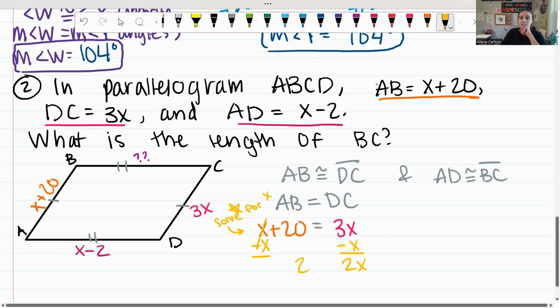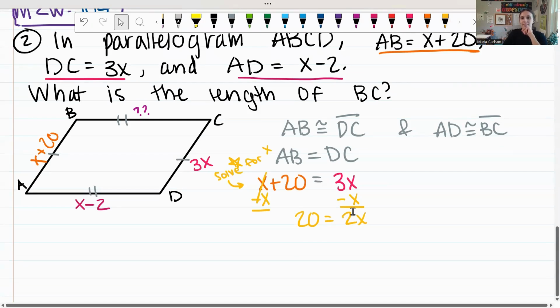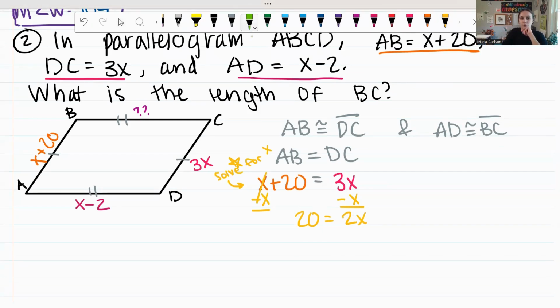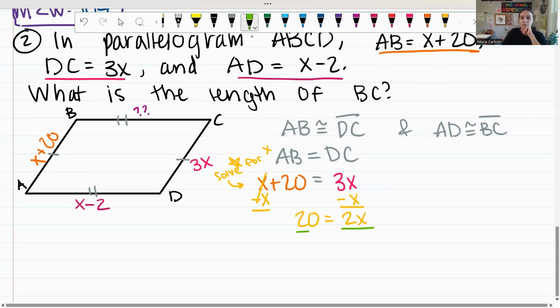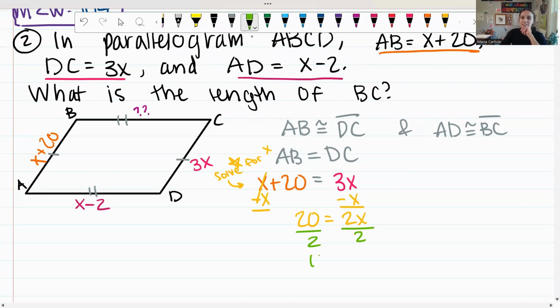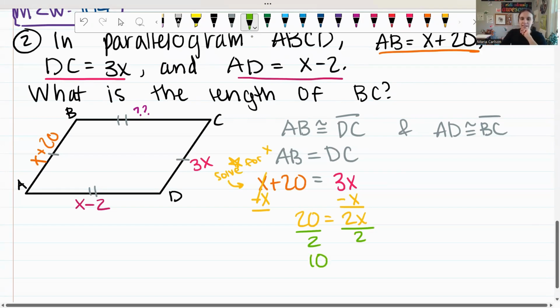So I have 20 is equal to 2x. And then I can continue to solve for x. I would divide both sides here by 2. So 10, because 20 divided by 2 is 10, is equal to x, or x is 10.